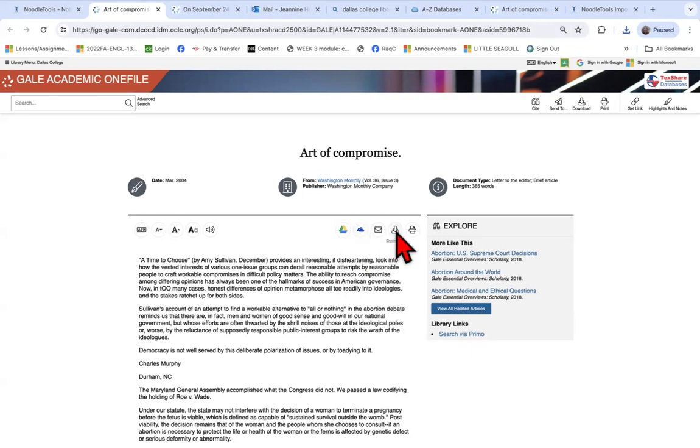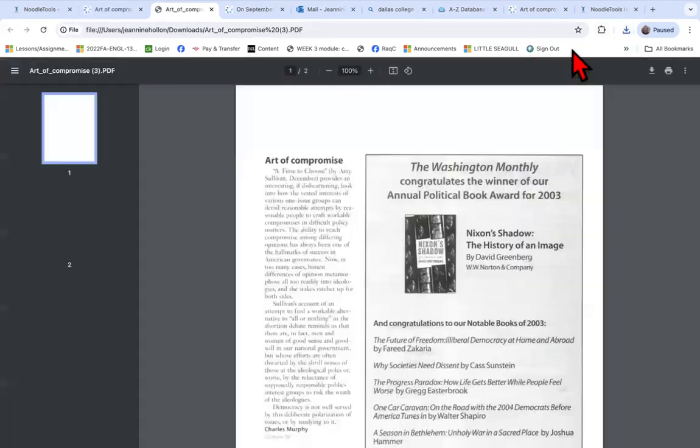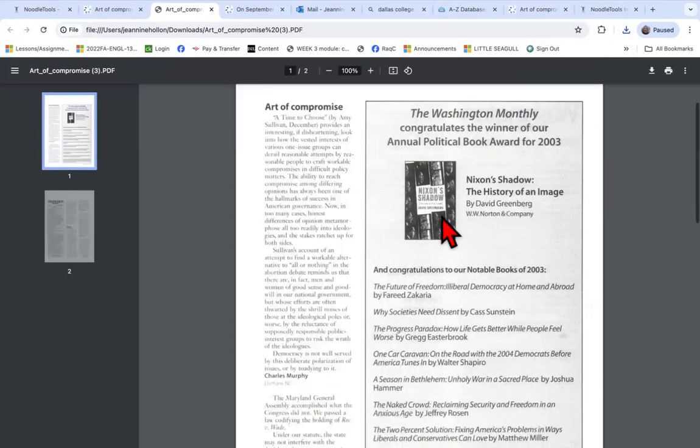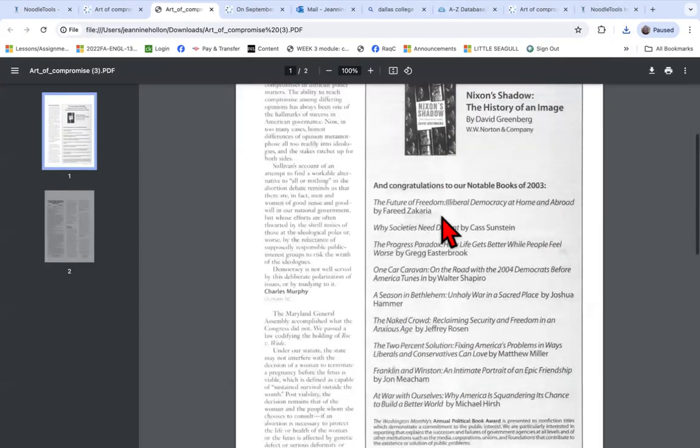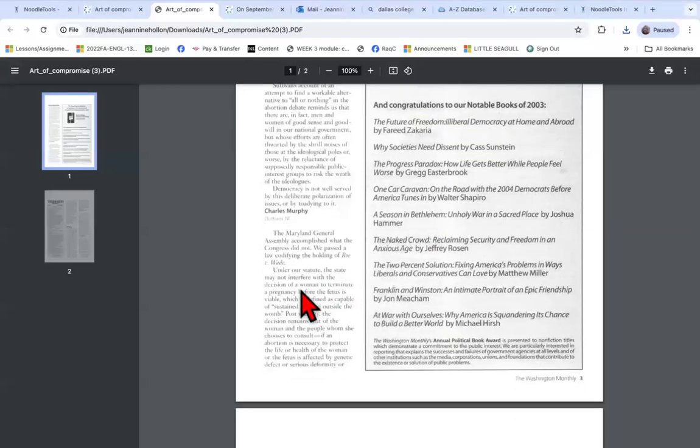You're going to click on download, right up here. So let me do it again. Download. And here it is. And let's see if we can find it. Okay, so here it is right here. So that is on page 3. So you want to make sure you're doing that right.